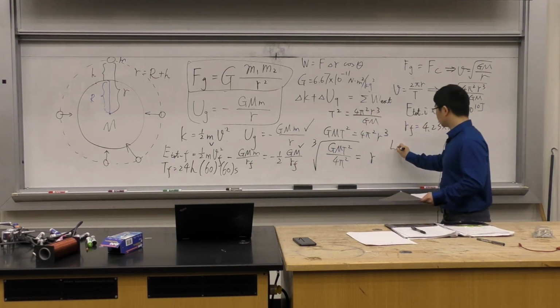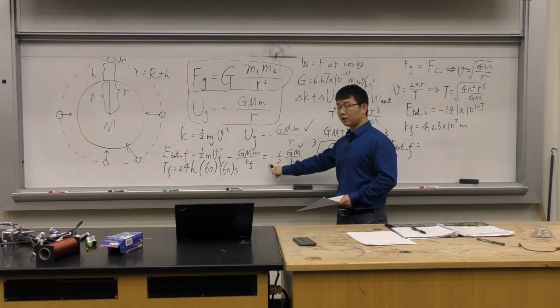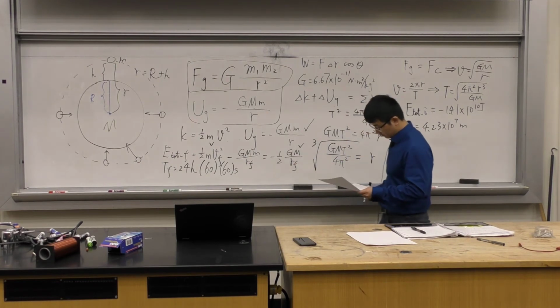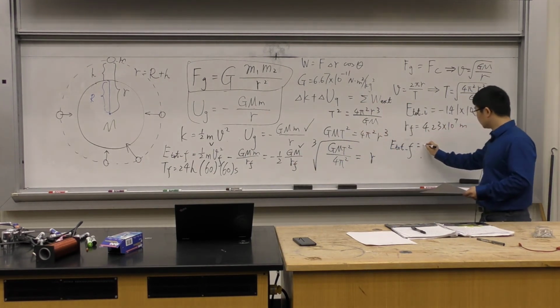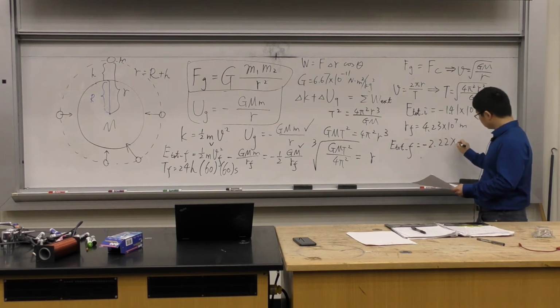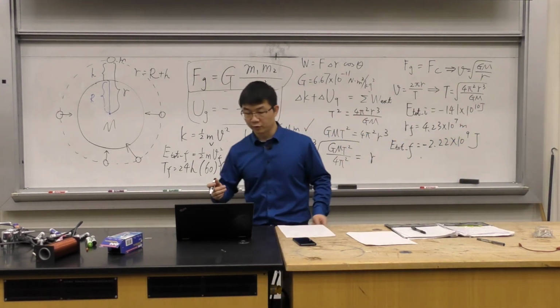Then you would get the total final energy using this expression, negative sign, 1/2 GM divided by RF. This number I got is negative, you will still get a negative sign. Okay, but this is not the number we're looking for. We're looking for the work.